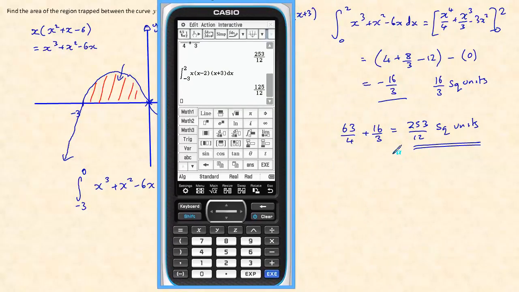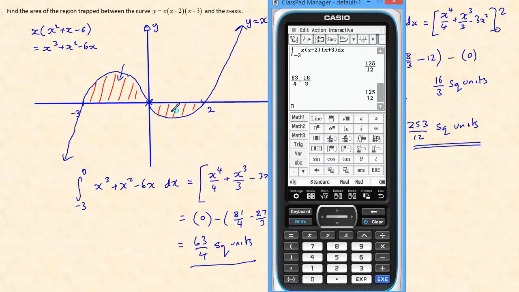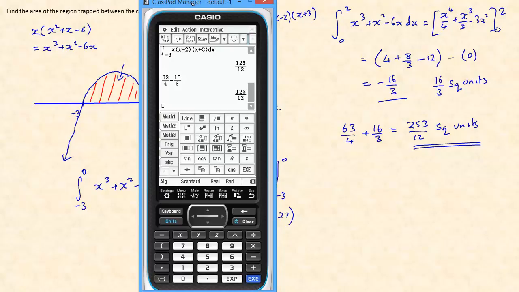Now 125 over 12 is what we get if we do 63 quarters, that's the area above here, and we take away 16 over 3. So you can see these are the same, and that's because this bottom area is cancelling off of the top area if we just integrate all the way.